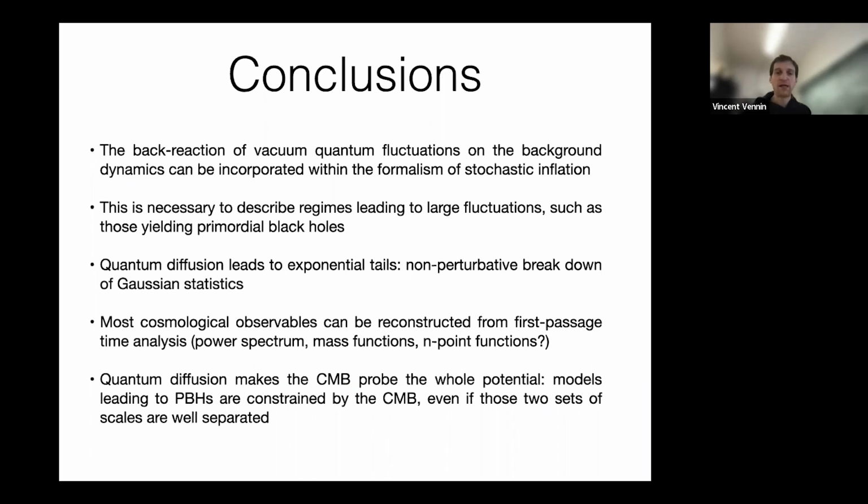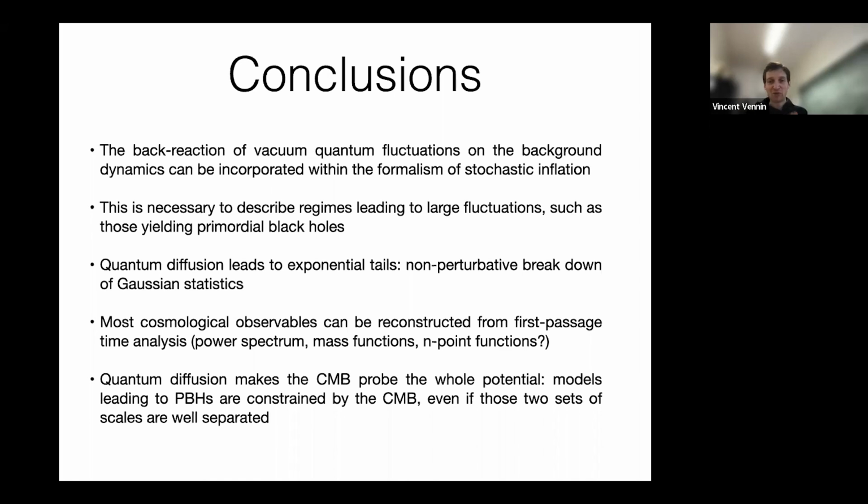Okay, so let me just conclude and recall the main point that I've tried to make today. What I've tried to explain is that the back reaction of vacuum quantum fluctuations on the dynamics of the background universe can be incorporated within the formalism of stochastic inflation, and that those back reacting effects are necessary if you want to describe regimes which lead to large fluctuations, such as those yielding primordial black holes.